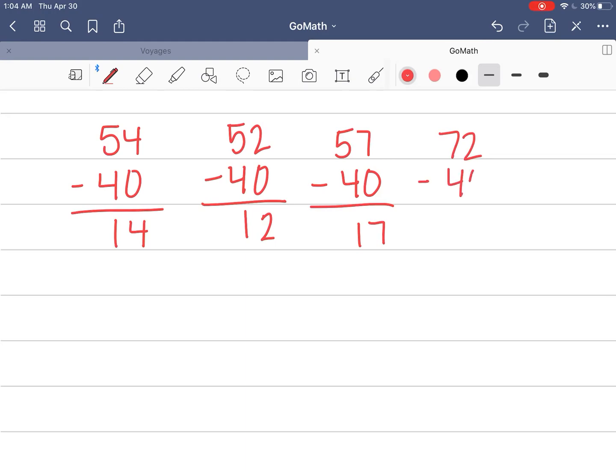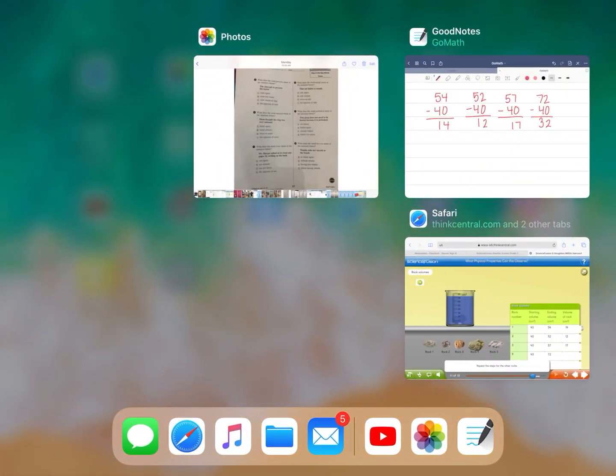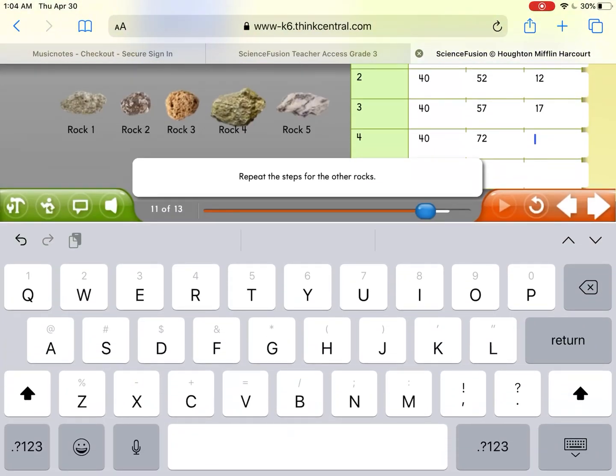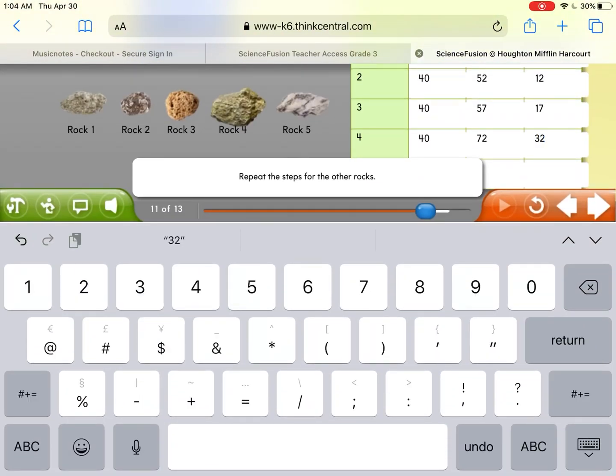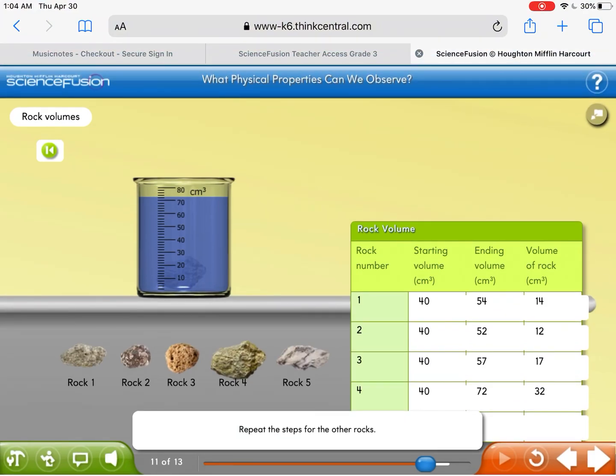So 72 minus 40. 2 minus 0 is 2. 7 minus 4 is 3. So rock 4 is 32 cubic centimeters.